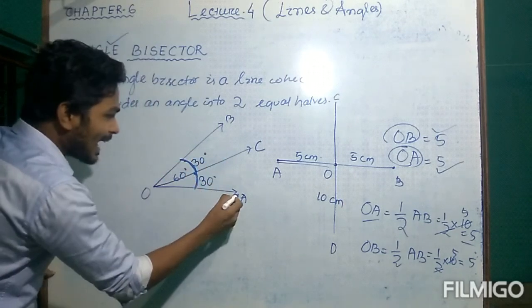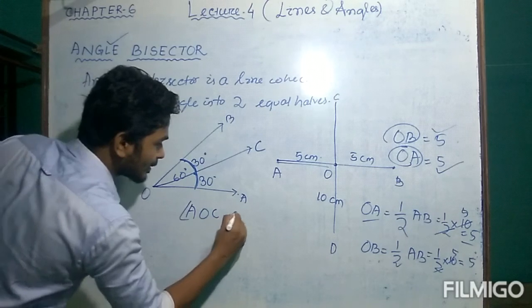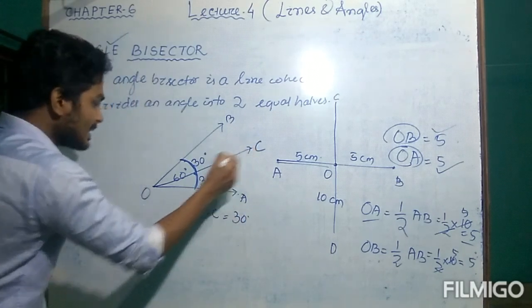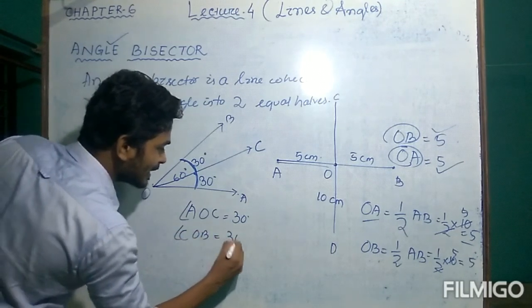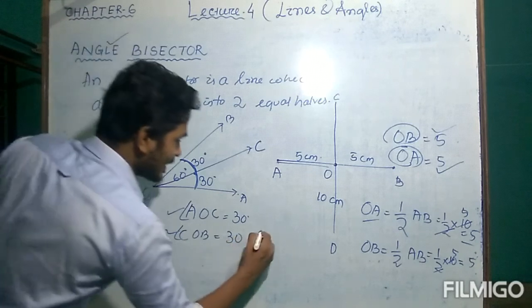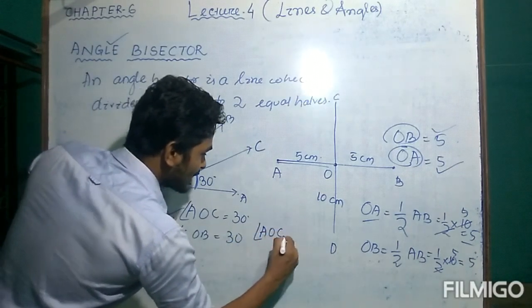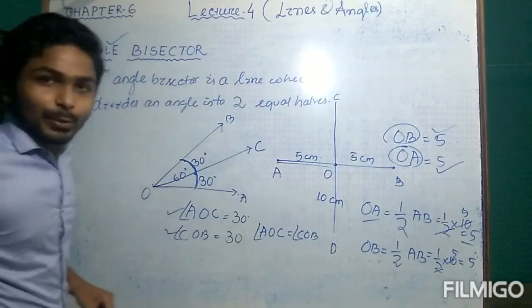So you can write, AOC angle is how much here? 30 degree. And COB angle is how much? That is also 30 degree. So you can write these two halves are also equal. Angle AOC is equal to angle COB. Understood?